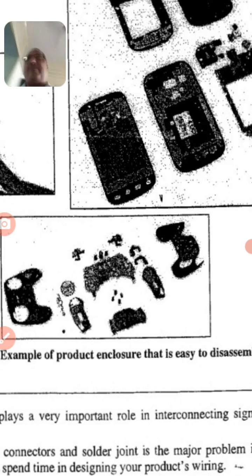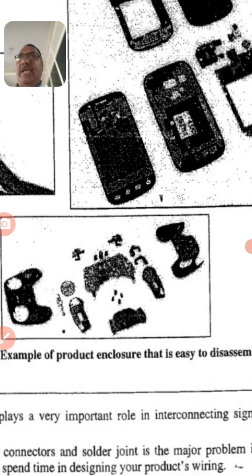And all these components you collect collectively and place in the assembly line, and the assembler will assemble it within a few seconds or a few minutes. That is design for assembly.